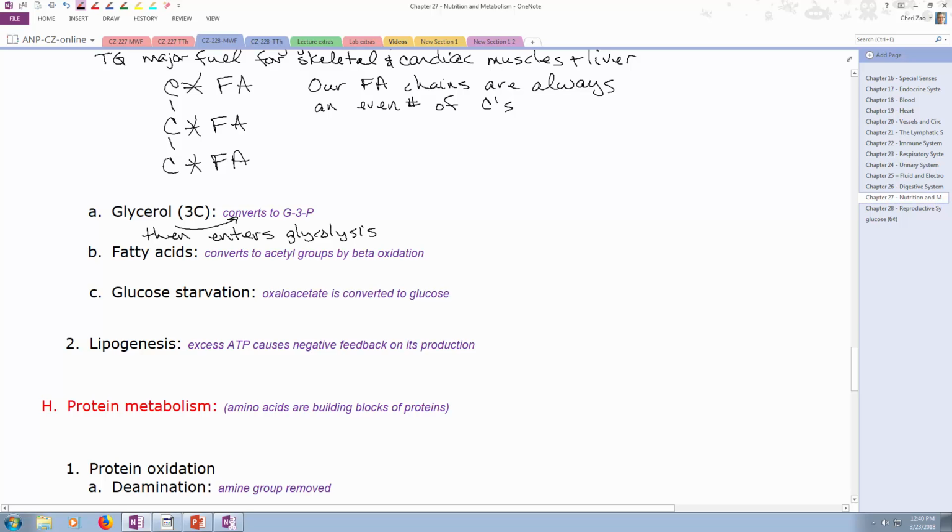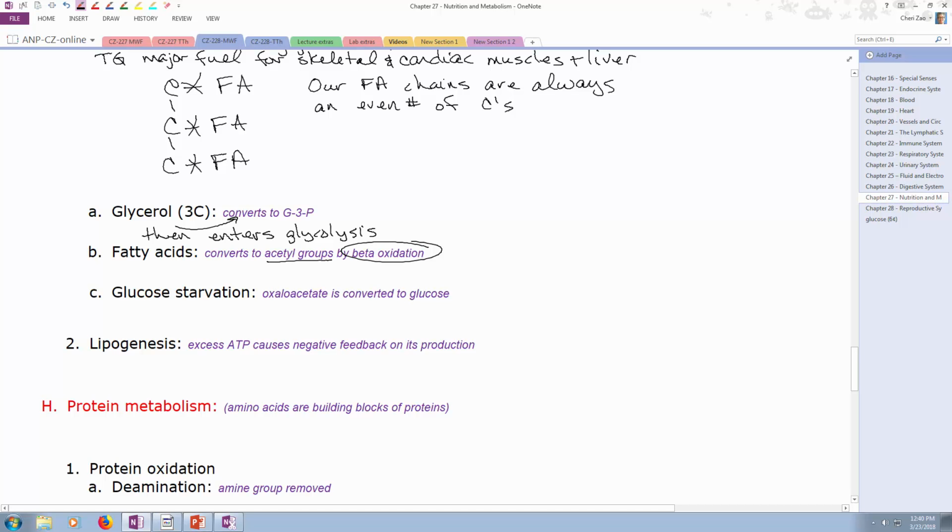Fatty acids, the important thing about fatty acids being an even number of carbons, which is 2, by groups of 2, fatty acids use a process called beta oxidation and are converted into a bunch of acetyl groups.